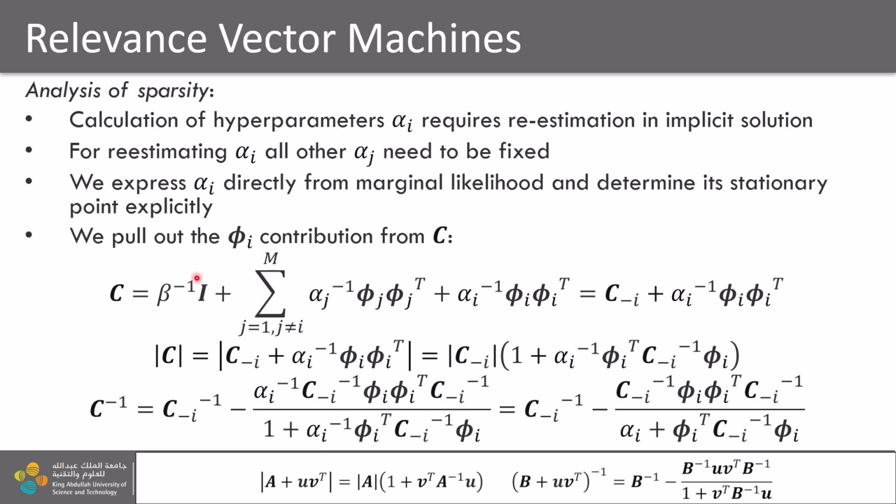So here we have the noise component of the variance, and here we would have the part of our covariance matrix, one component associated with one basis vector or basis function, and also it is weighted with the alpha j inverse, which is the variance in that direction of that basis function.